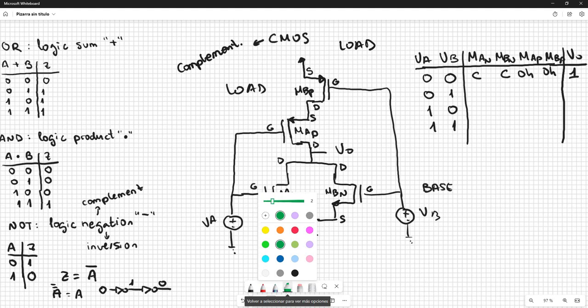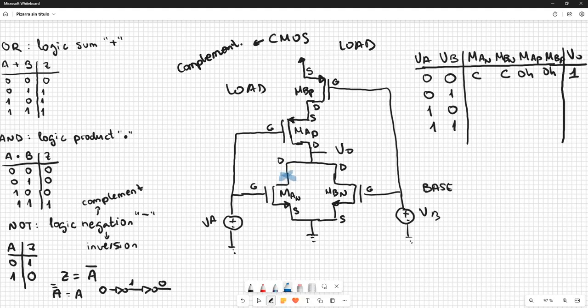Here, transistor A is in cutoff, so we don't have a channel. B is in cutoff, so we don't have a channel. The transistors in the load are in ohmic, so they have channels. So the supply voltage can reach the output. So the output is going to be 1, because a logic 1 is near the supply voltage, or even the supply voltage. Remember what a logic 1 is.